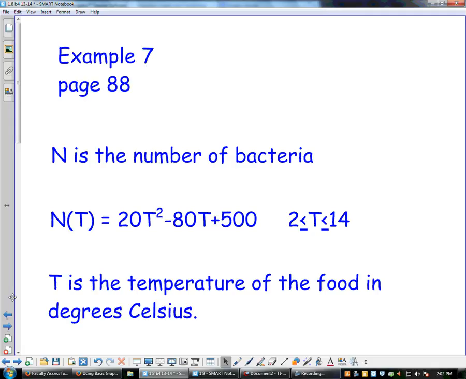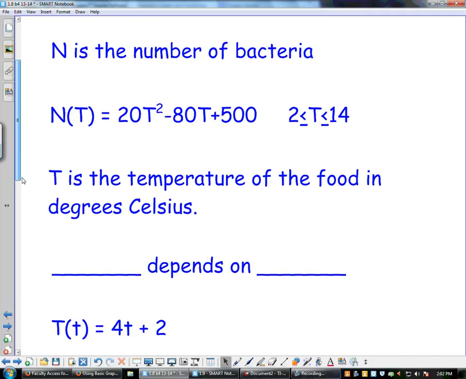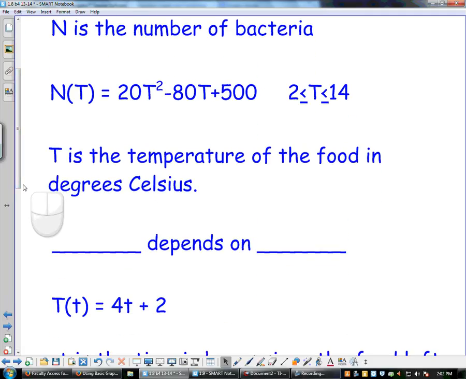When the food is removed from refrigeration, the temperature of the food is given by capital T of t, which is here, and that is 4t plus 2, where t is between 0 and 3, where lowercase t is the time in hours. So you are supposed to find the composition n of capital T of t and interpret its meaning in context, and then find the time when the bacterial count reaches 2,000. So yes, we are discussing how bacteria grows in food if it's left out of refrigeration.